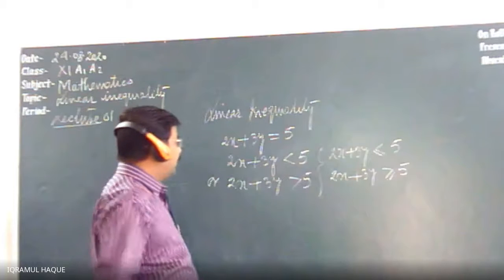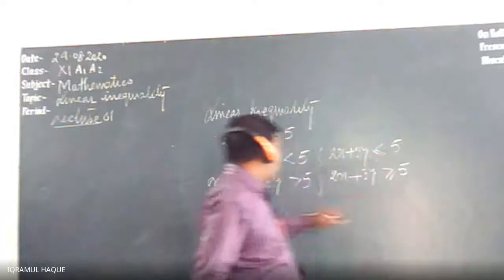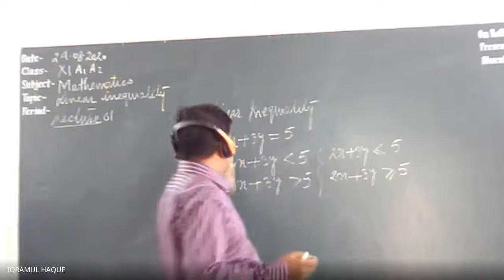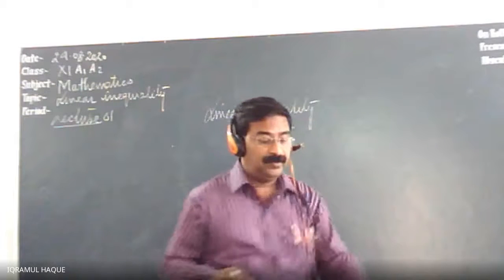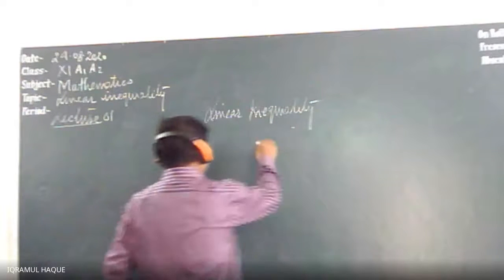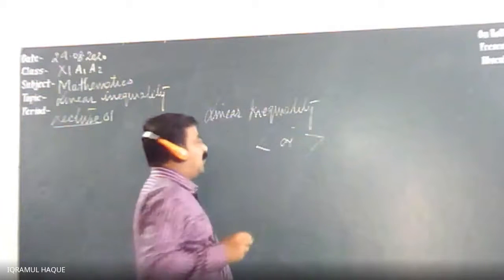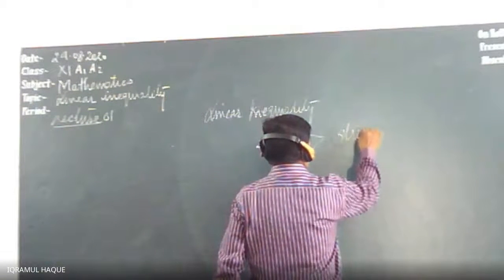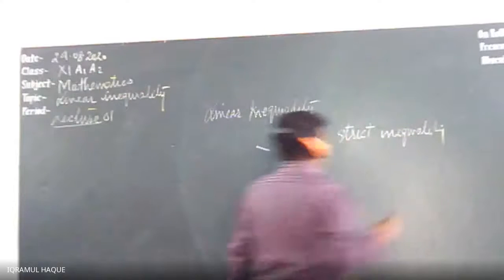Now we have two kinds of inequality here: less than, more than, and less than or equal, more than or equal. So what we read as, see, when we have the less or more symbol, we say this is strict inequality.